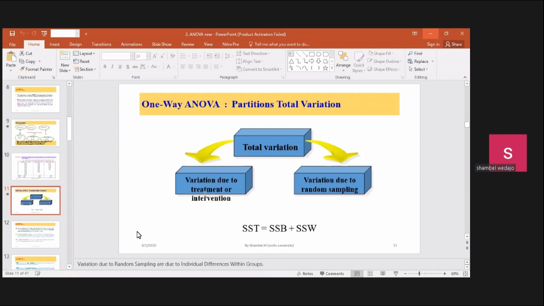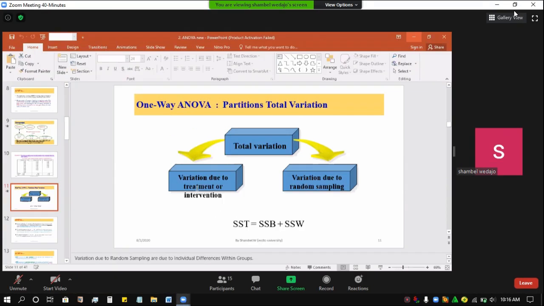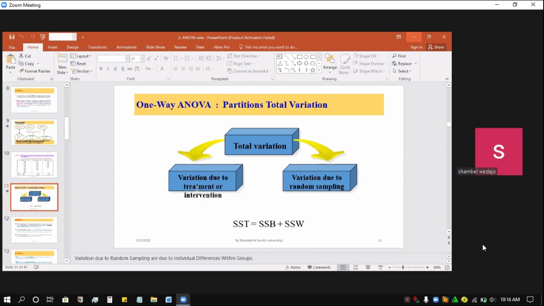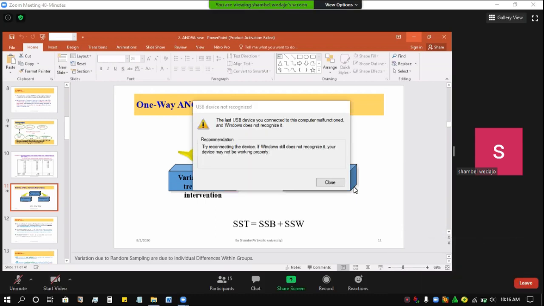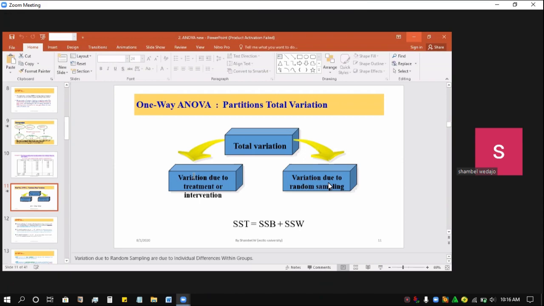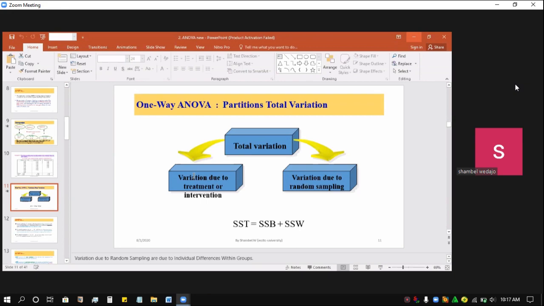So the variation due to treatment or intervention may exist or may not exist. ሊኖርም ይችላል ላይኖርም ይችላል። እናንተ ቴስት የምታደርጉት ነገር variation ሊያመጣ ይችላል ላያመጣ ይችላል። So sum square total equals sum square between variation plus the variation due to random sampling, sum square within.